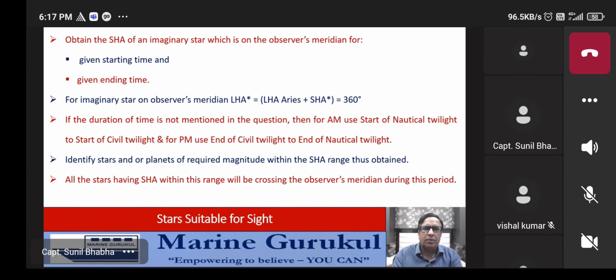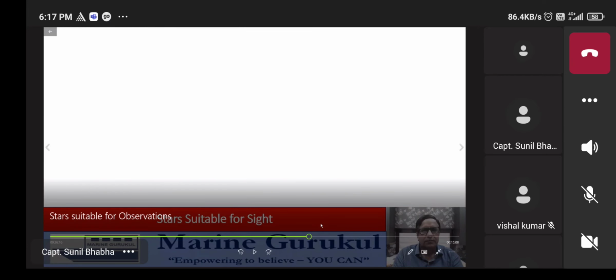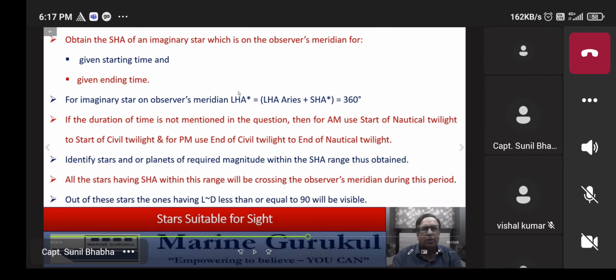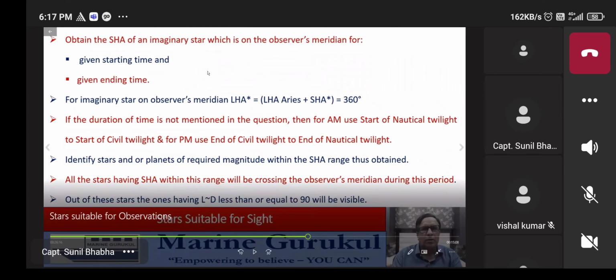Whether they shall be visible or not, or whether they shall be suitable for taking sight or for X-meridian observation or not, once we get a comprehensive list of all the stars and planets, we can do the further analysis depending on whatever may be expected of us in that particular question. Okay, now beta, all these steps we will be practically doing in this question. You can have a look and let me know if any doubts are there.